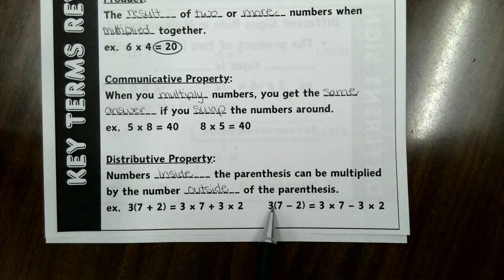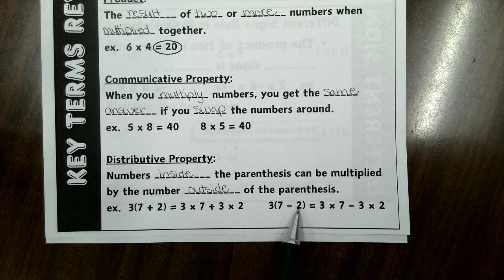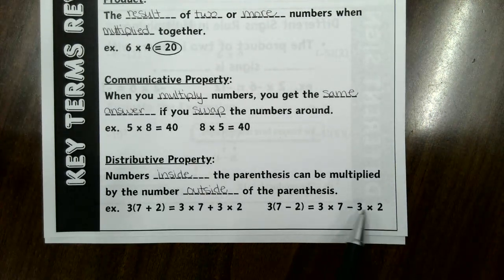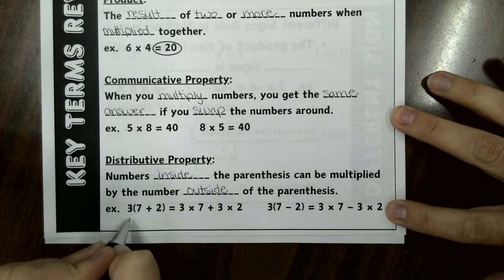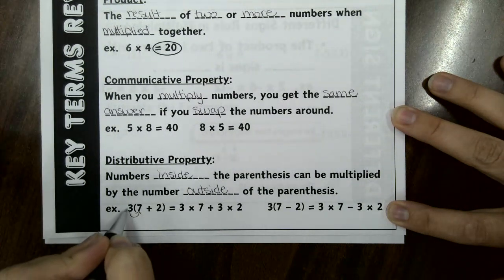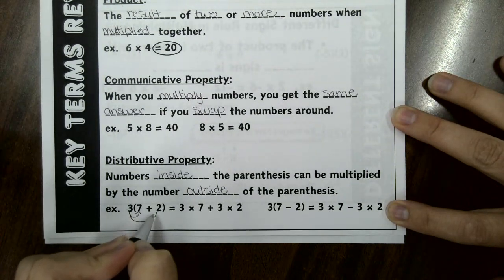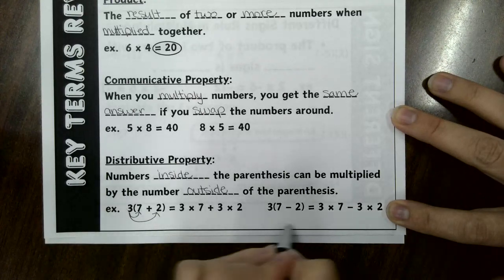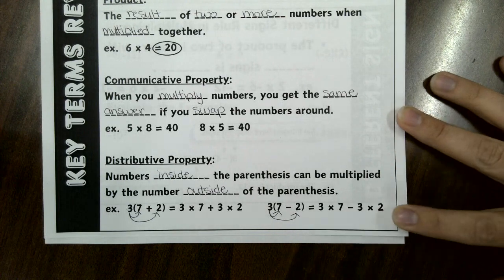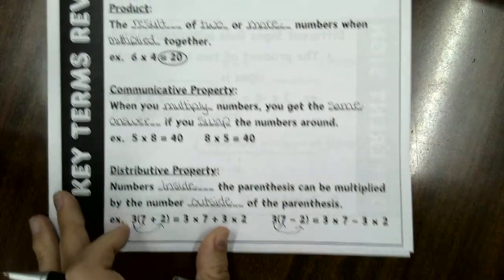And if I had 3 times 7 minus 2, I could rewrite it as 3 times 7 minus 3 times 2. You might also see it like this, where the arrows come from here. So it's telling you 3 times 7, then 3 times 2. That is the distributive property.